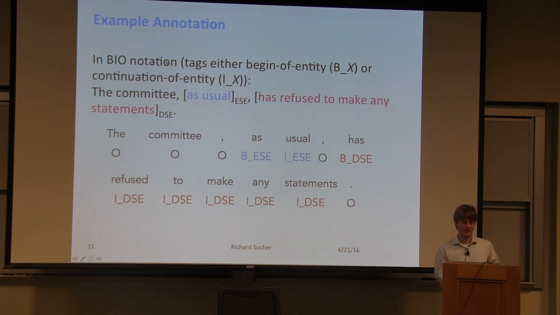So BIO, pretty common notation scheme. Again, tags are either just the beginning of the entity or the continuation of that entity. So as usual is 2 words, it's 1 ESE, and so we'll give the first word a B-ESE and the second word an I-ESE.